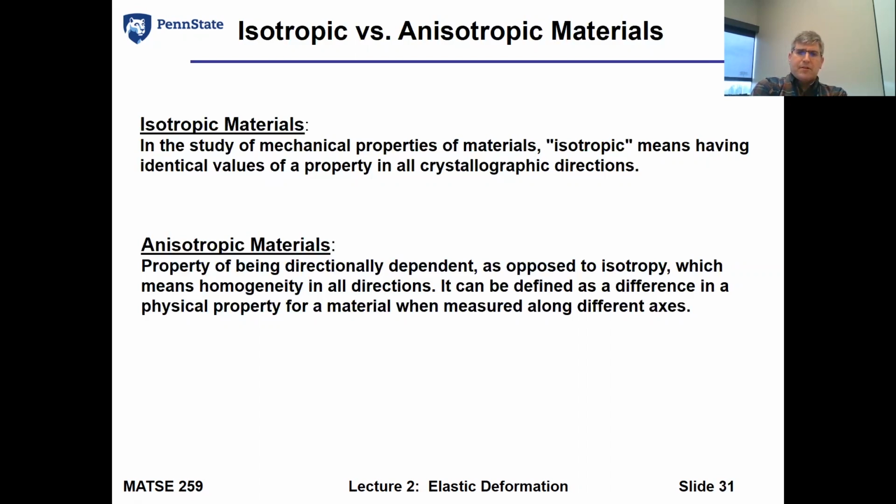Anisotropic materials, on the other hand, really are not homogeneous in all orientations, so they can change. And we're going to see a lot more of that as we move through the course, when we start talking about the properties of materials that you may purchase in your working lives. That may include rolled plate or different types of long product that you may buy to build large structures.